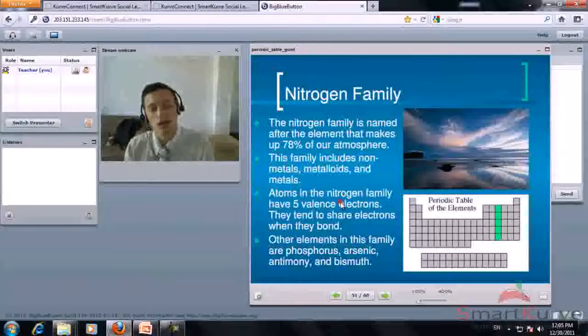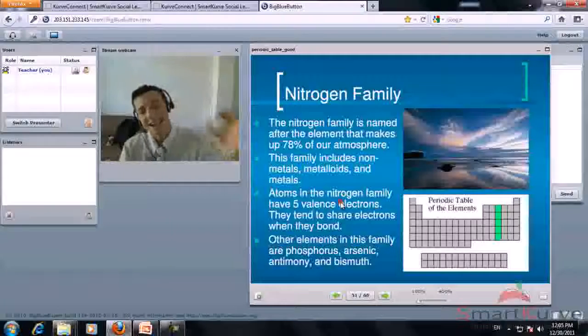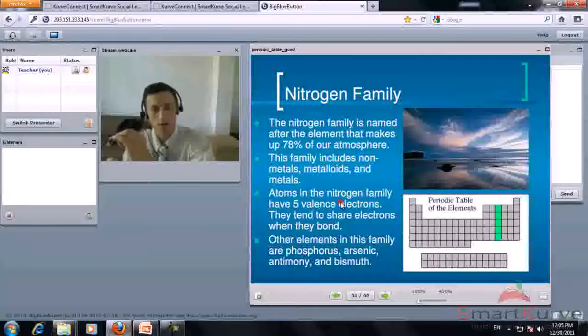Remember, when we looked at sodium and chloride, we saw the chlorine takes an electron from the sodium. But with these compounds formed from nitrogen, it's not about taking electrons, it's about sharing them. To give you an example would be ammonia.